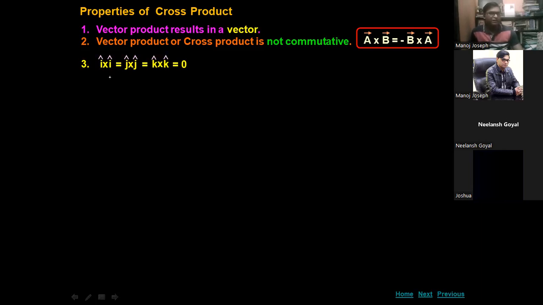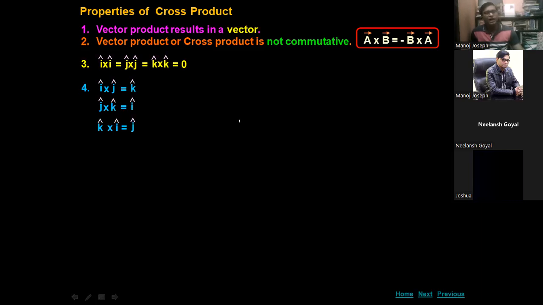And I cross I, the unit vector I cross I, is 0. When you multiply the unit vector of the x-axis, that is I cap, or j cap, the unit vector of the y-axis, or k cap, the unit vector in the direction of the z-axis, with itself, every vector is parallel to itself, so the angle is 0, and sine 0 is 0. So I cross I, or j cross j, or k cross k, produces 0 in the cross product.